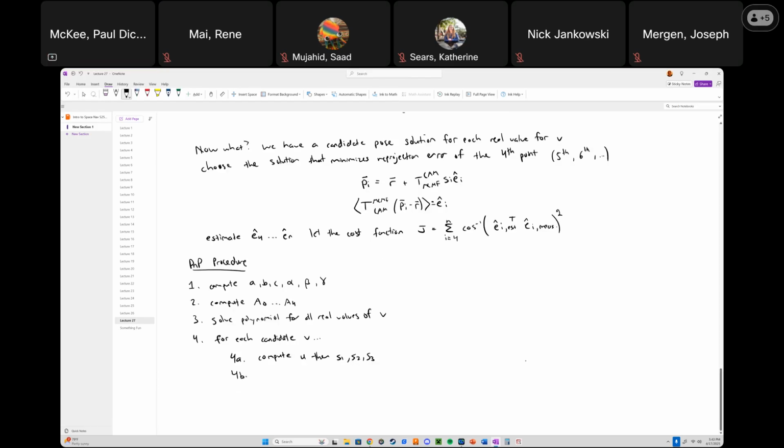For B, solve for position and attitude. For C, predict line of sight vectors to points 4 through N. And finally, step 5, keep the candidate solution that minimizes the sum of the squared reprojection error.